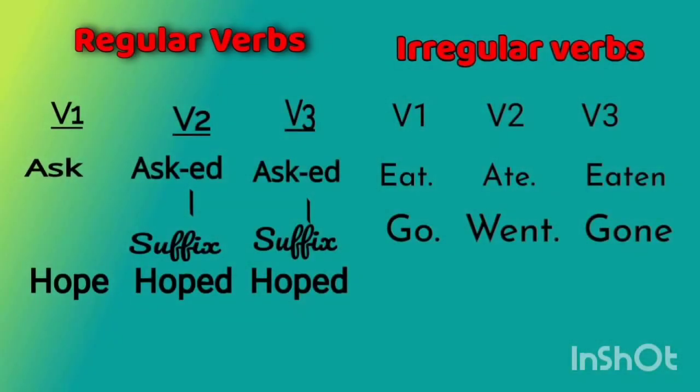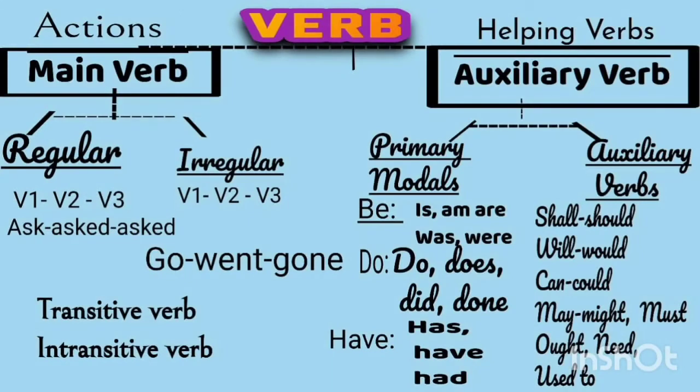Coming to helping verbs, they are very important in your daily life, as we frequently use those words in our sentences. Helping verbs are again subdivided into two forms: primary modals and auxiliary modals.